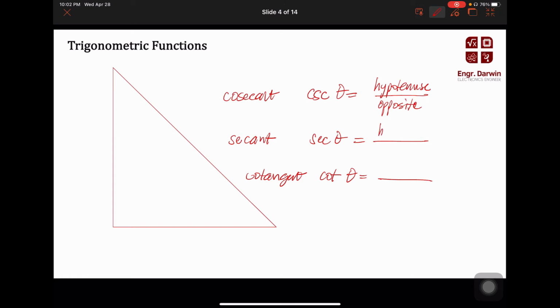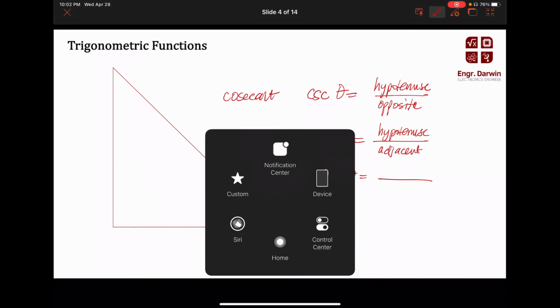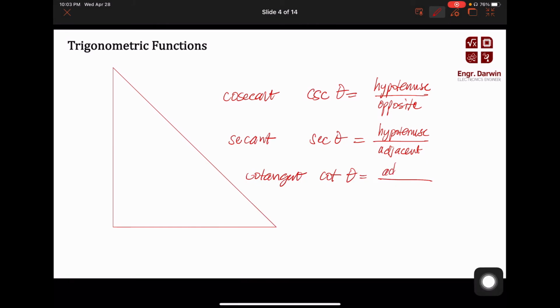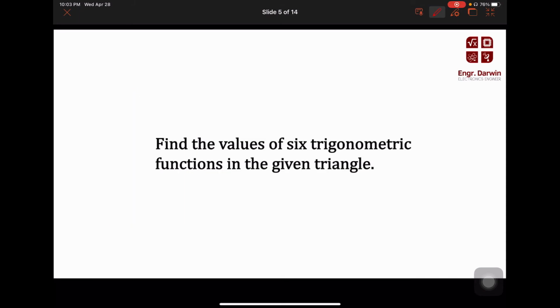Second naman is hypotenuse over adjacent. And sa cotangent natin, that is adjacent over opposite. Ngayon sa una, medyo malilito tayo dyan, pero later on, mas matatandaan nyo itong mga trigonometric functions natin pag in-apply natin siya sa isang problem.